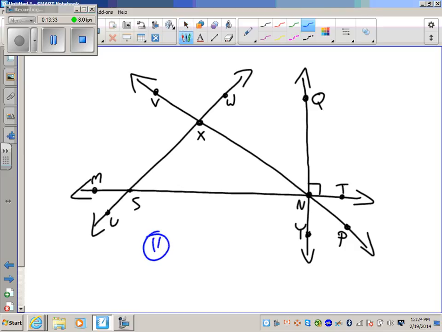Where can you identify one of your right angles right away? Right here, where you have that marking, that always tells you that's a right angle. In order to write this down, my middle letter needs to be my, what was the vocab word?